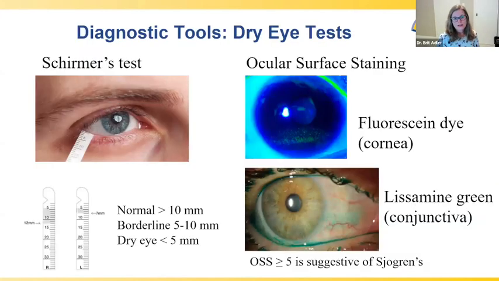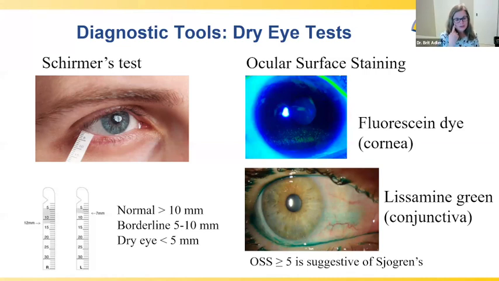There's two diagnostic tests that are used to diagnose dry eye by ophthalmologists. The most widely used test to measure tear production is called the Schirmer's test. For this test, a paper strip is placed at the corner of the eye. This picture shows the patient having their eye open, but actually typically the eye is closed.